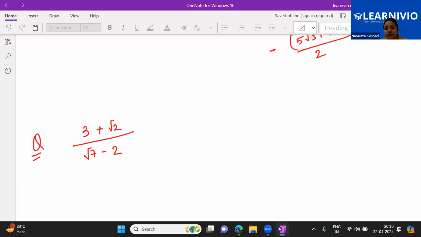I'm done. What did you get, Samya? Ma'am, root 2 plus 3 upon root 7 minus 2. Root 2 plus 3 upon root 7 minus 2. So we need to rationalize it. We need to make sure these roots are not there in the denominator, Samya. That is the purpose: to remove this square root sign from the denominator. Okay. Yes, Saad, what did you get?